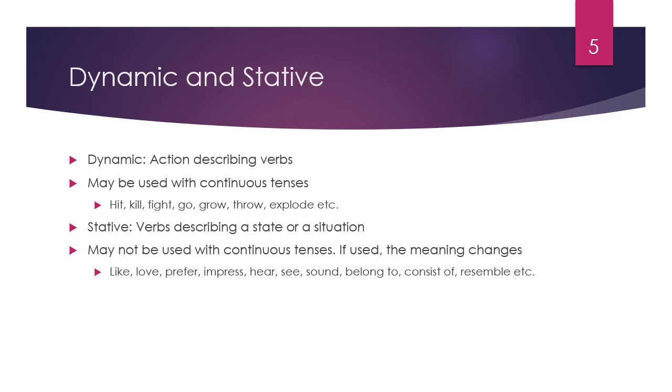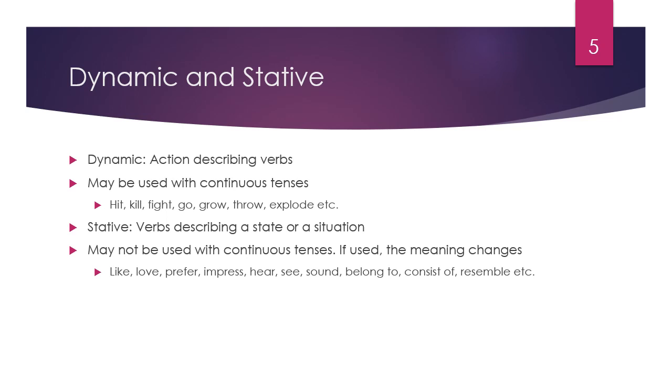He was trying to impress me. So impress again is a state. It is a kind of situation that we are calling. Therefore, the verbs used to describe any particular state or situation are known as stative.